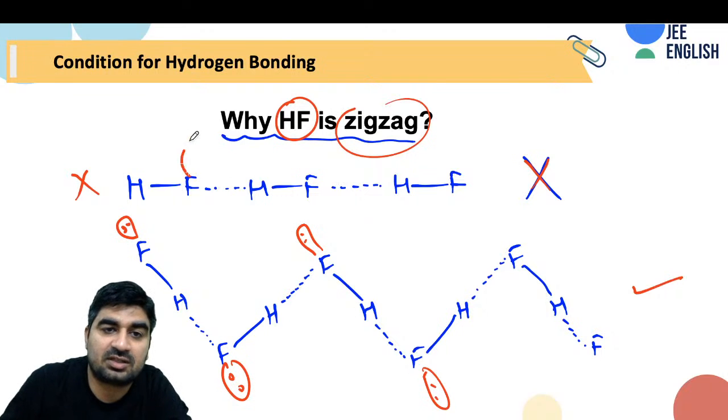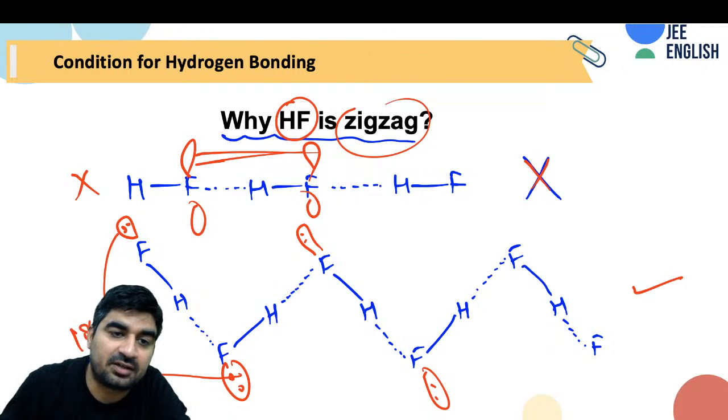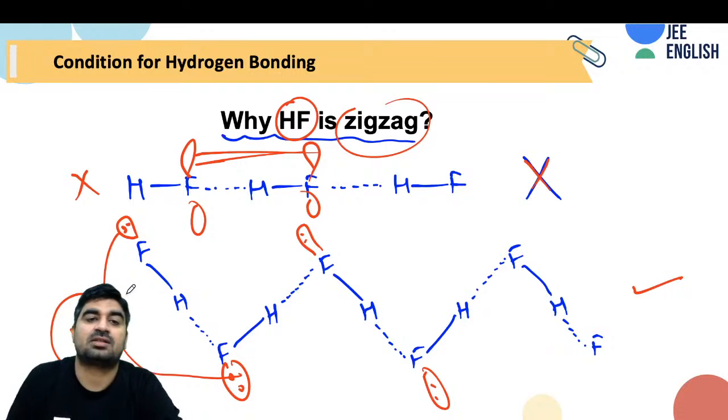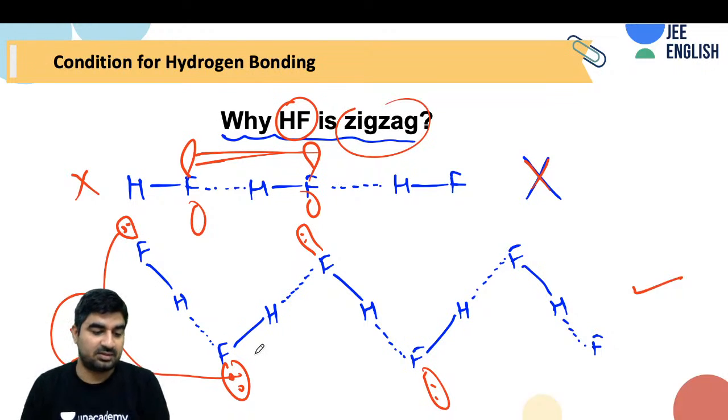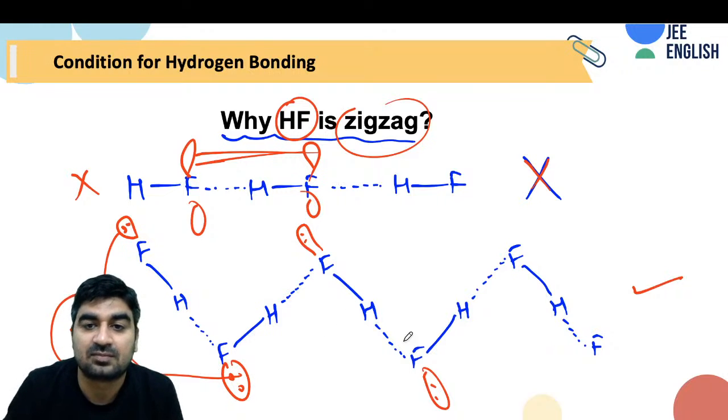If you are arranging them like this, then the lone pairs will be like this, but now they are at 180 degrees, so that the distance between their lone pairs can be maximum. That's why you arrange them in a zigzag pattern. Got it? Yes, Tharian, I hope now you got it.